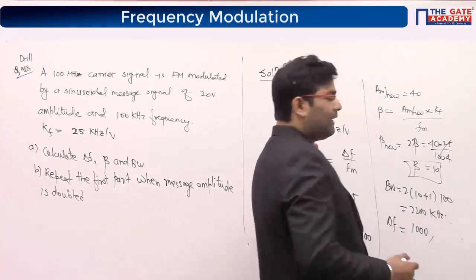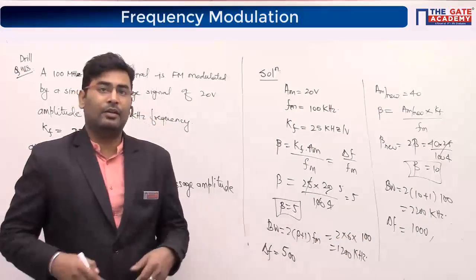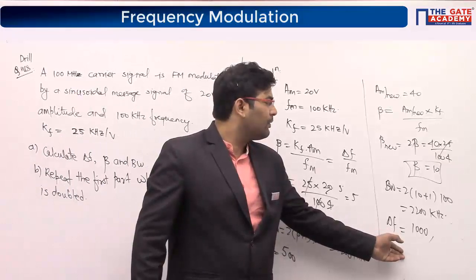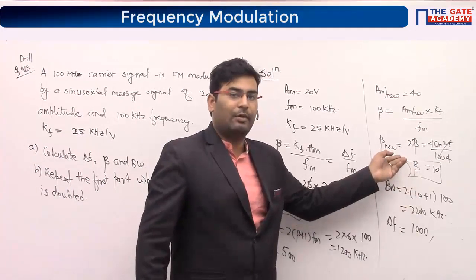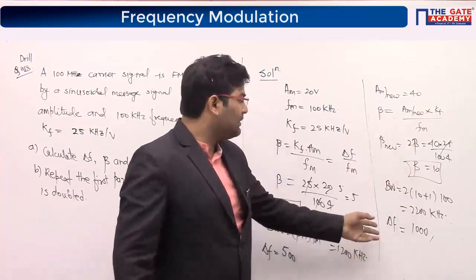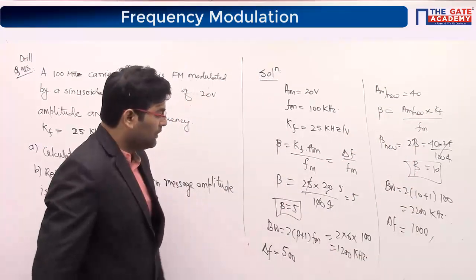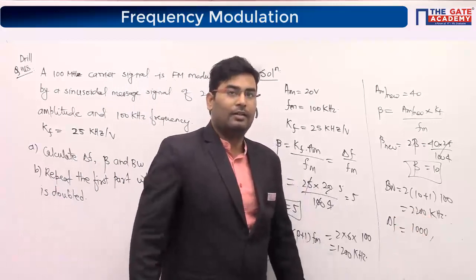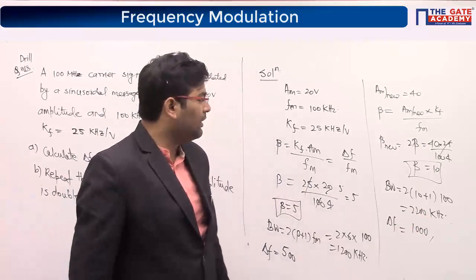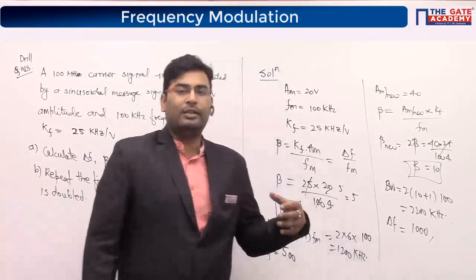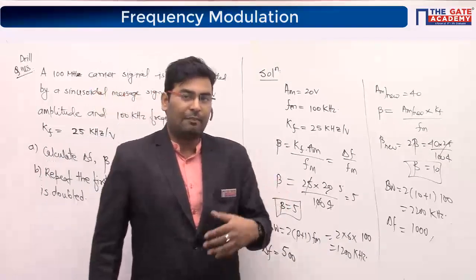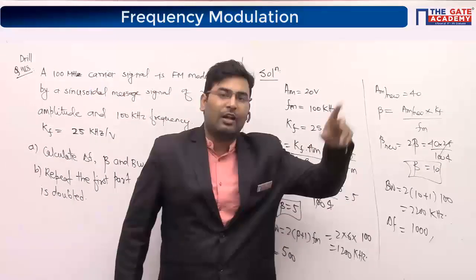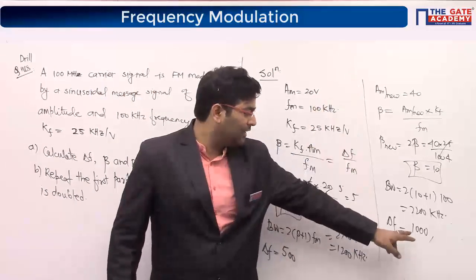So you can clearly see that if you are changing AM, frequency deviation is doubled and bandwidth is also changing, but bandwidth is not getting just doubled, because just double would be 2400 kilohertz, but it is lesser than that. There is a good thing to think about. But the moment you see that amplitude is getting doubled, amplitude is directly proportional to frequency variation, so the variation will also get doubled, and that is what you are witnessing here.